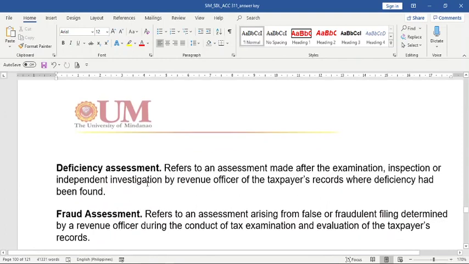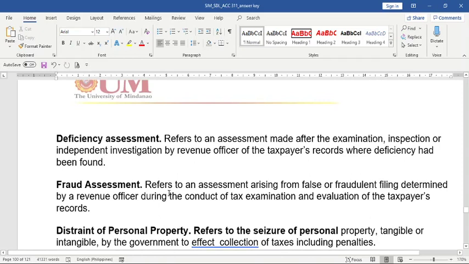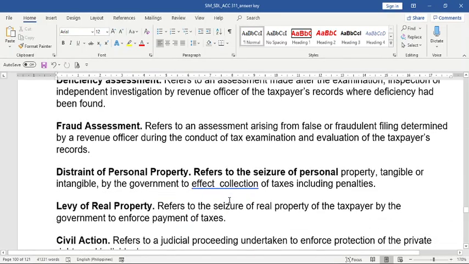When we say deficiency assessment, it refers to an assessment made after the examination, where a deficiency is found by the independent investigation of the revenue officer. Then we have also fraud assessment, an assessment arising from false or fraudulent filing, determined by the revenue officer during the conduct of tax examination and evaluation of the taxpayer's records.